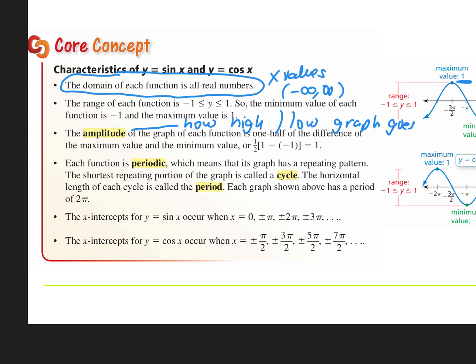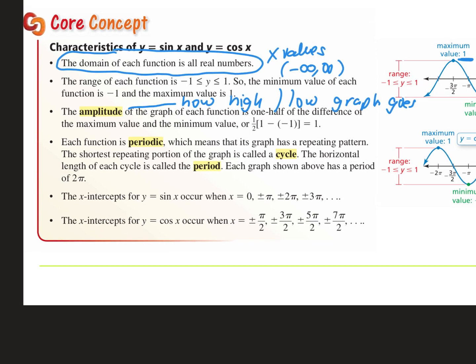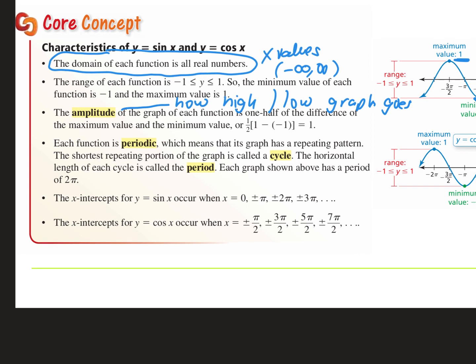It's periodic because it does the same thing for a never-ending period of time. It's going to go up and then down and up in the exact same increments the whole time. The shortest repeating portion of the graph is called a cycle. And then you're going to talk about the length of each cycle, which is called the period.